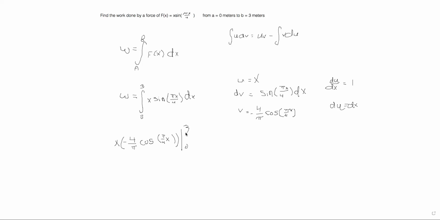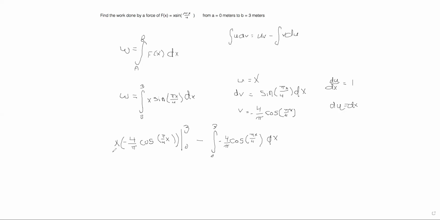And then we're going to subtract the integral of v times du. Integral from 0 to 3 of v, which is this, negative 4 over pi times cosine pi x over 4, times du, which in this case is just dx.